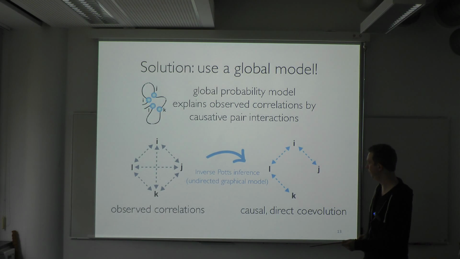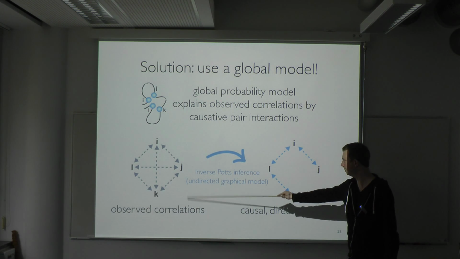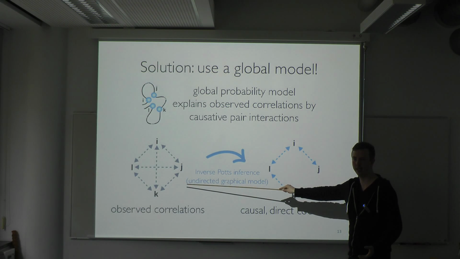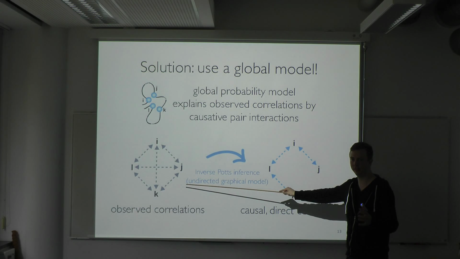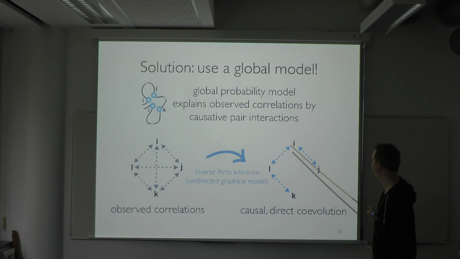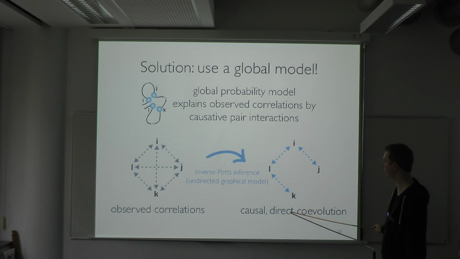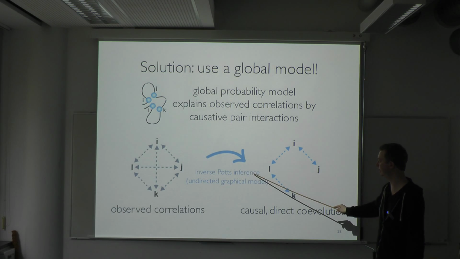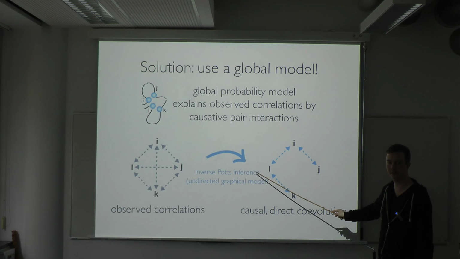So what we're trying to do is go from observed correlations, which have all this noise and false signal in there, to the direct causal coevolution between positions in the protein. The way to do this is called inverse Potts inference. It's a term from statistical physics.